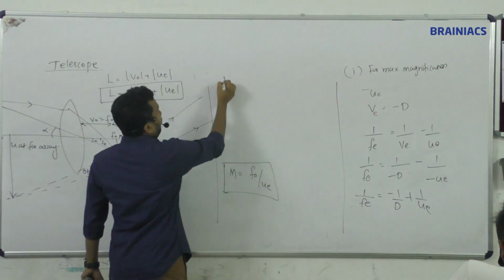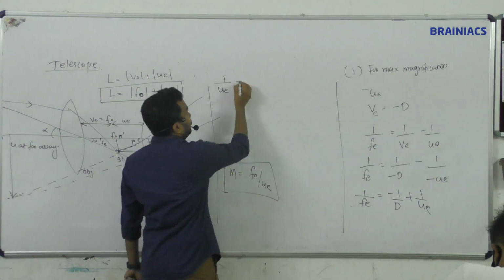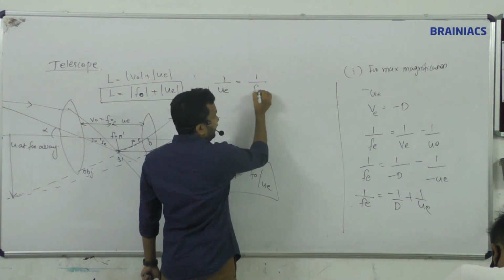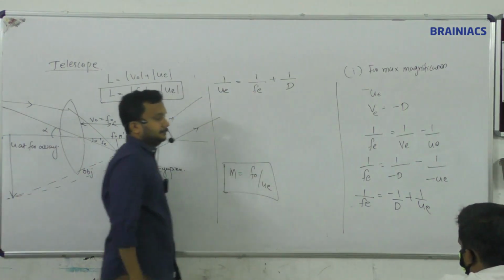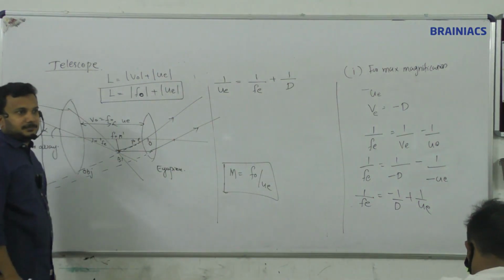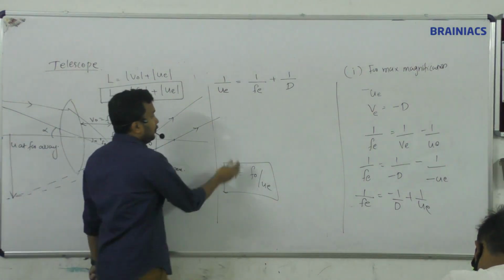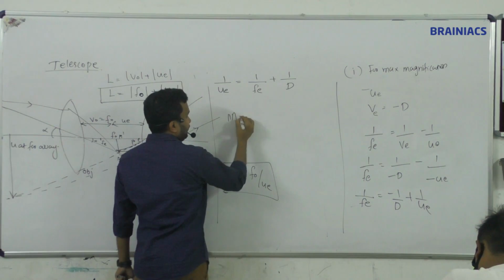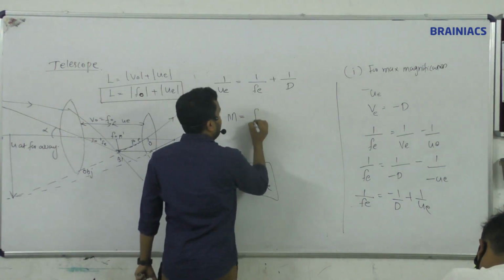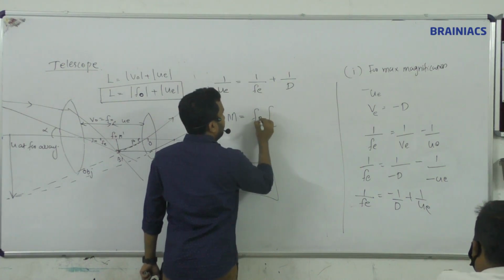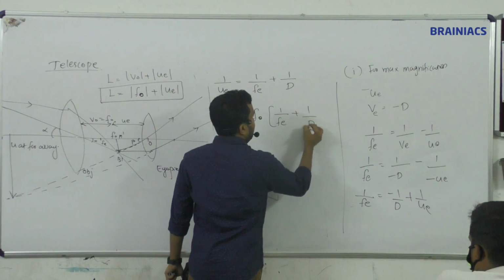So 1 by UE is equal to 1 by FE plus 1 by D. Now I can substitute in magnification equal to F naught times 1 by UE, which is F naught into (1 by FE plus 1 by D).